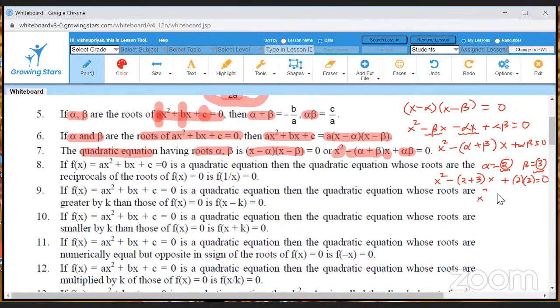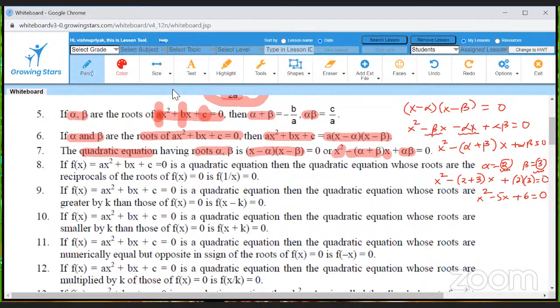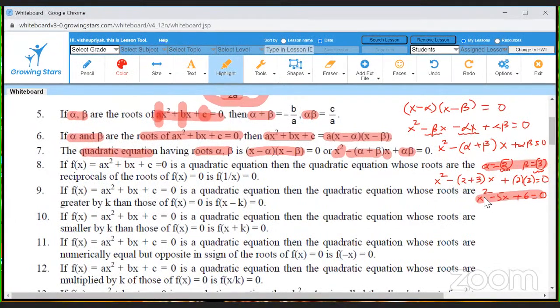So x square minus 5x plus 6 equal to 0 is the quadratic equation. If you are given roots, you can find the quadratic equation. If you are given the quadratic equation, you can find the roots. Okay.